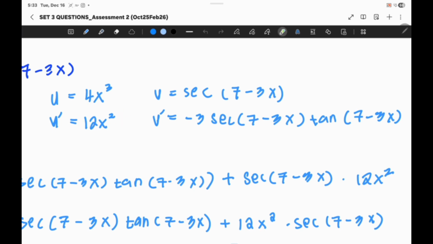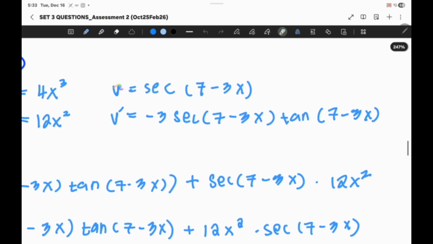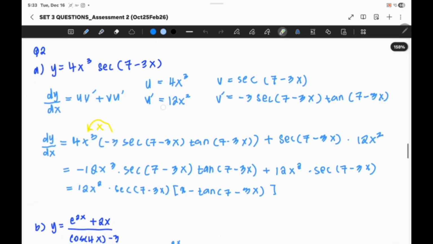2. And then we find v equals sec(7 minus 3x). And then we differentiate v to find v prime equals negative 3 sec(7 minus 3x) tan(7 minus 3x).